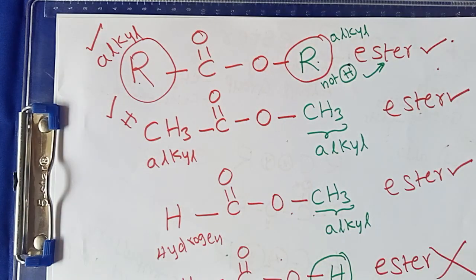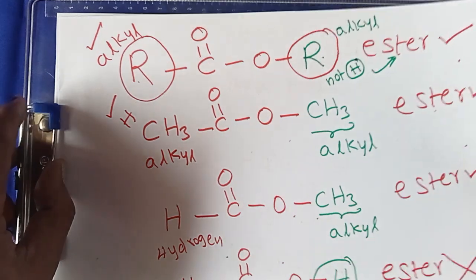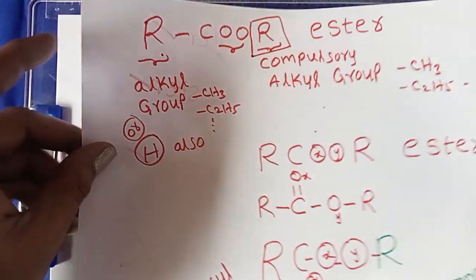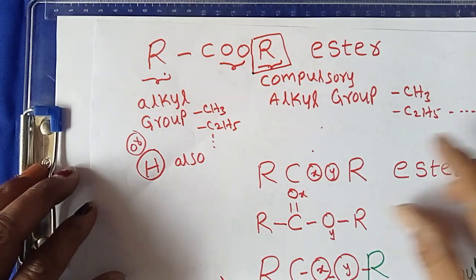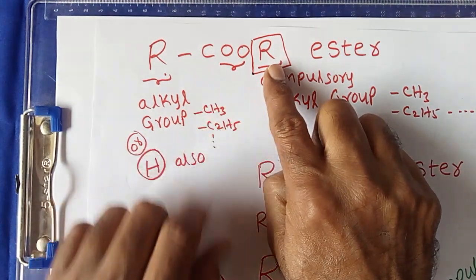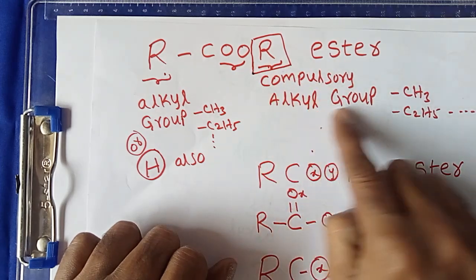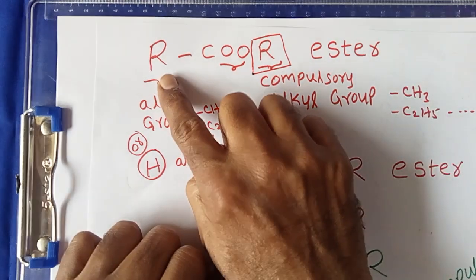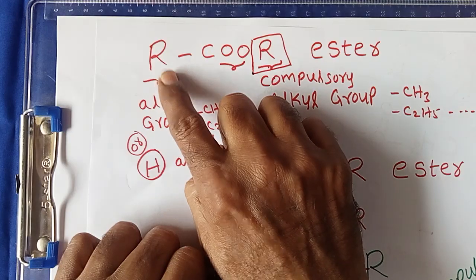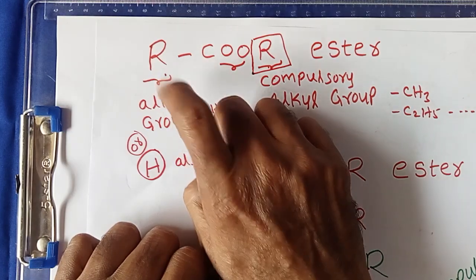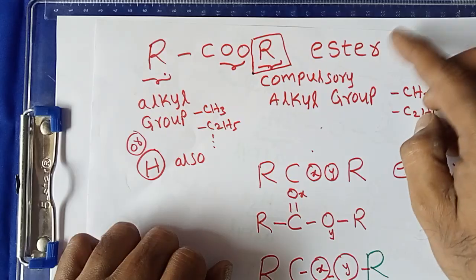In this video, we explained only the difference between carboxylic acid and ester functional groups. Once again, overall: for identification of the ester functional group, this R is a compulsory alkyl group, and this other R may be alkyl or hydrogen, ester.